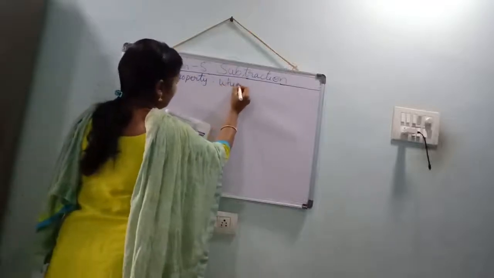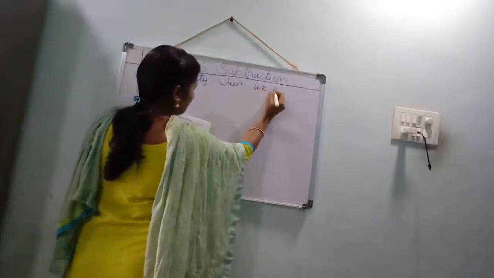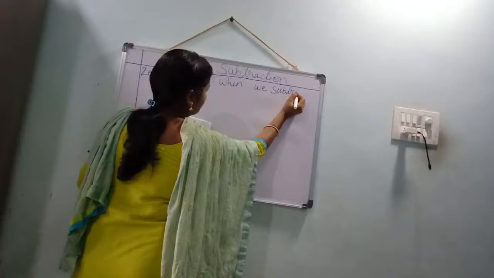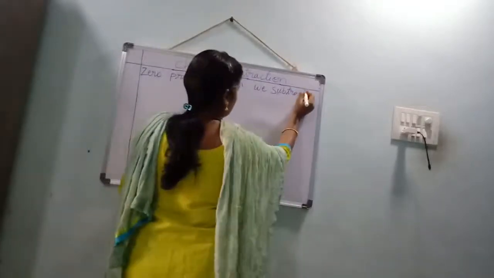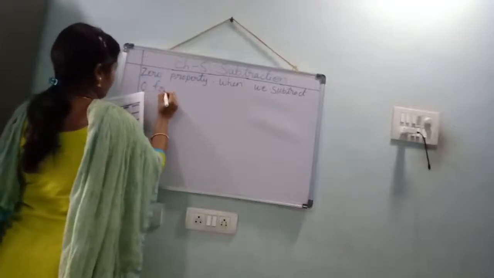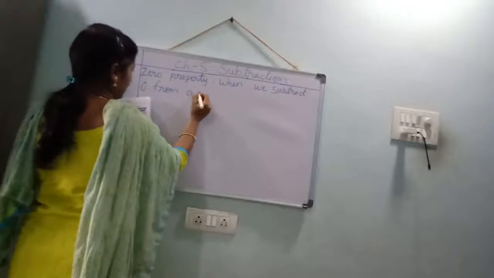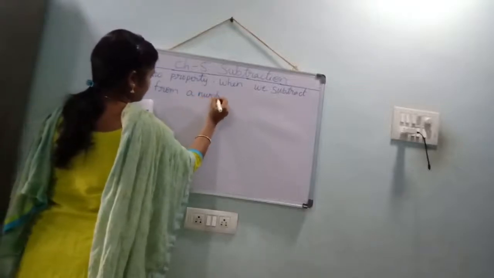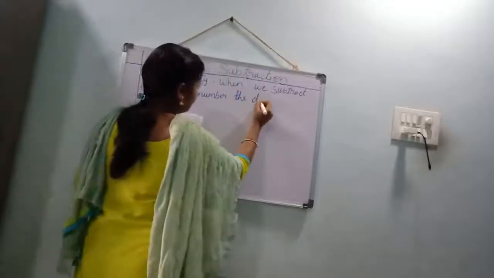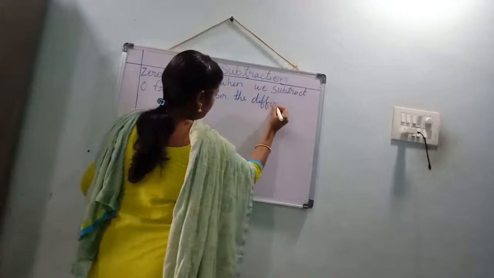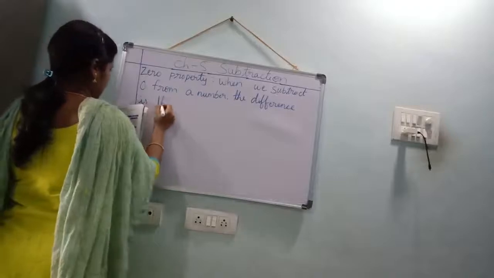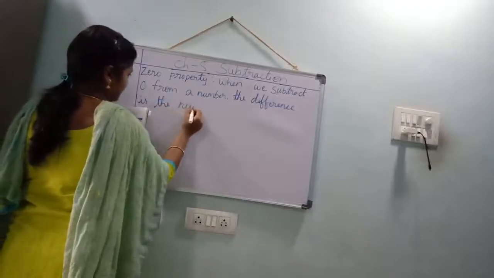When we subtract zero from a number, the difference is the number itself.